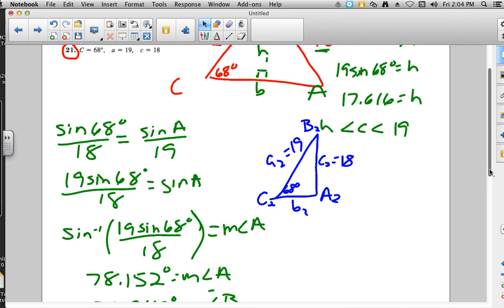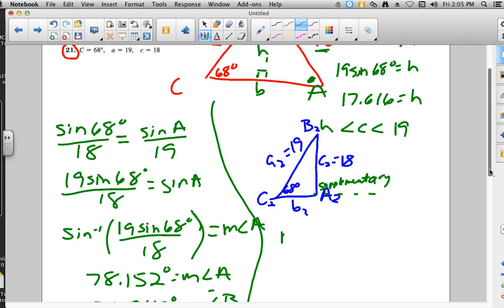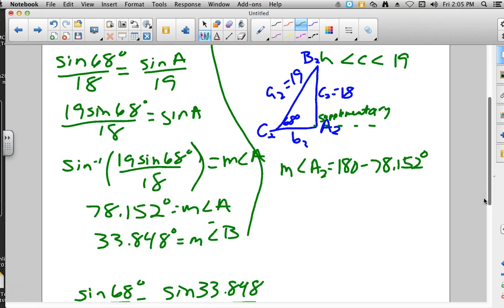So how we figure out what to do is by remembering that whatever we had for angle A up here is now going to be supplementary to our angle A sub 2. So here's what we need to do. The measure of angle A sub 2 equals 180 minus 78.152 degrees.